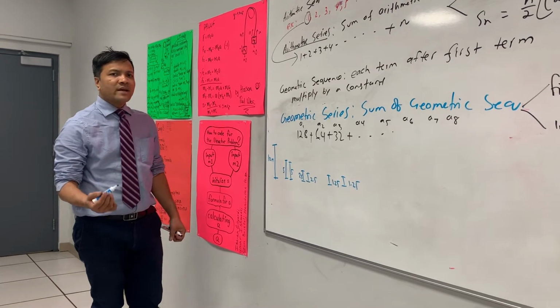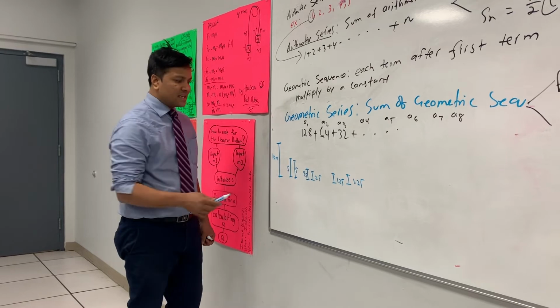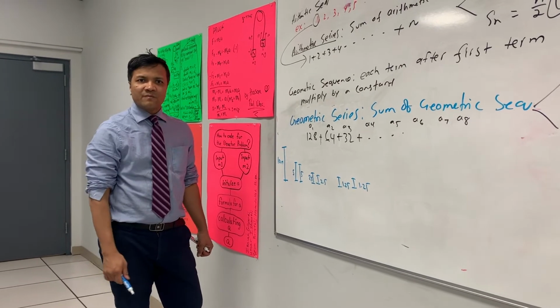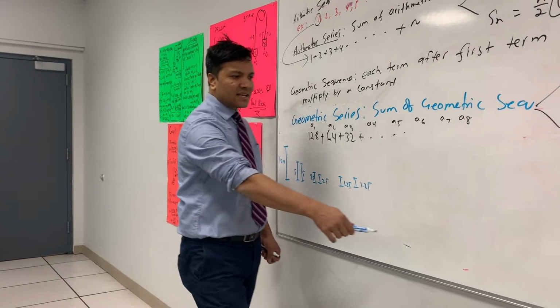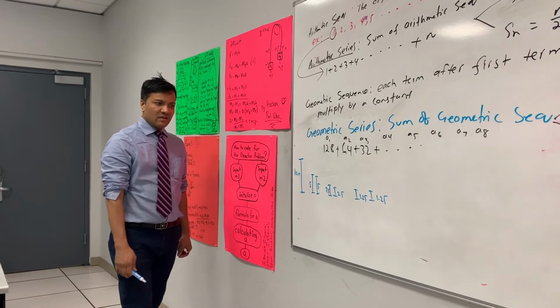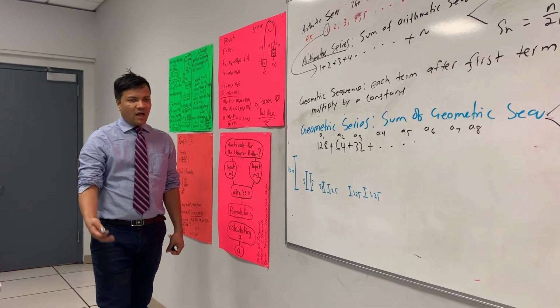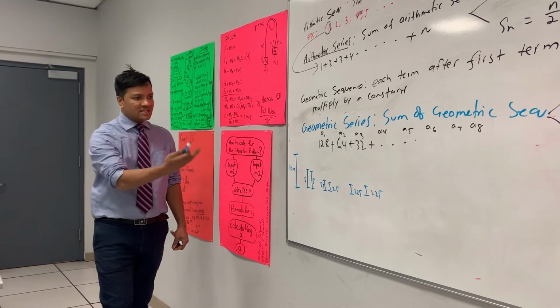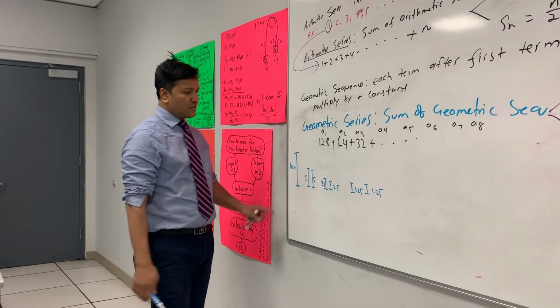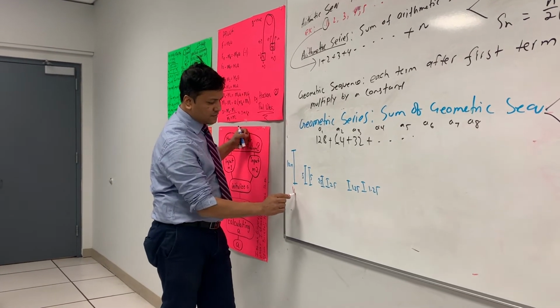Now, what do we want to find? We want to find the sum of the vertical distance the tennis ball travels until it stops. In a theoretical world, it never stops. So how can we do that? Let's write it down. This one is 10 meters.